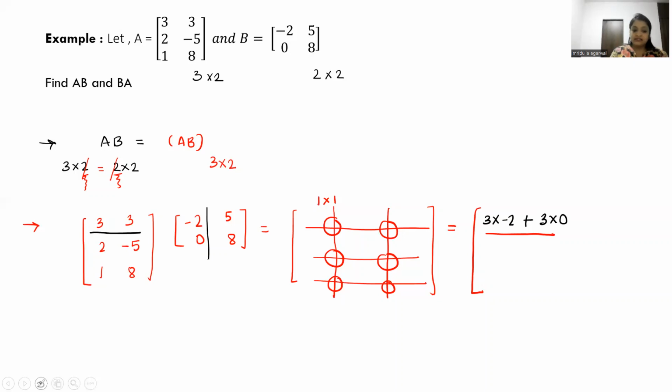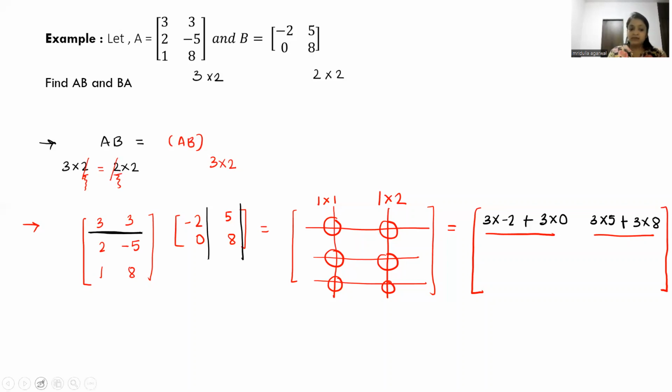Now let us talk about the next entry. Again it's the first row and which column? Second column. So first row and second column. First element with first, so 3 into 5 plus 3 into 8.